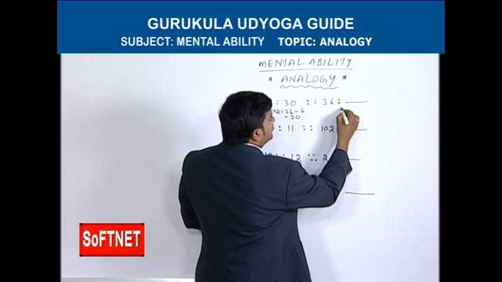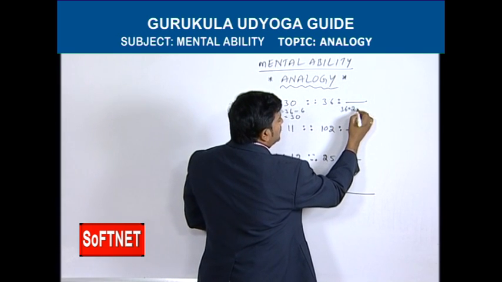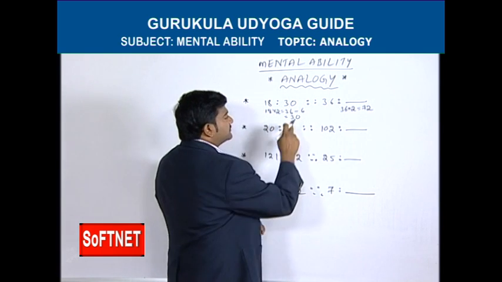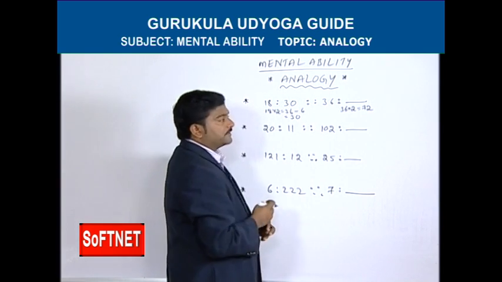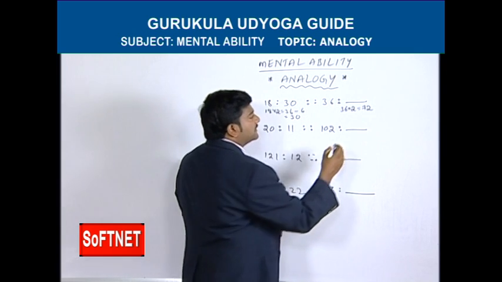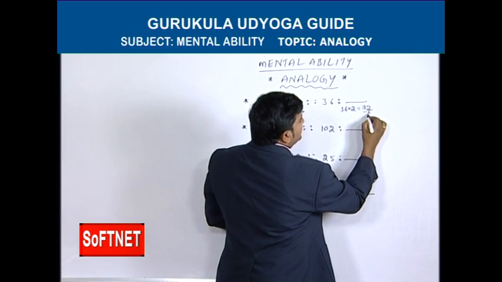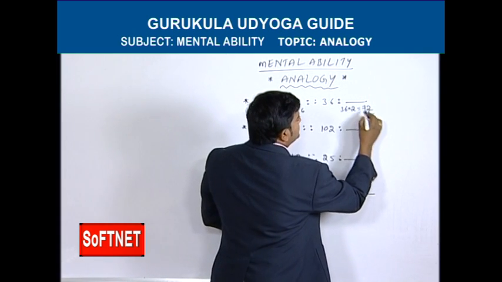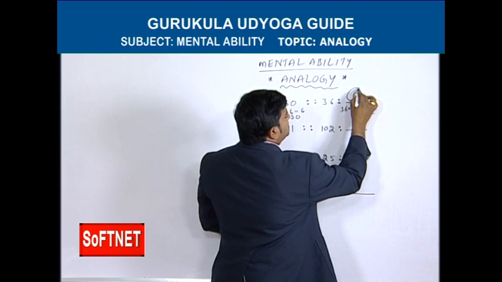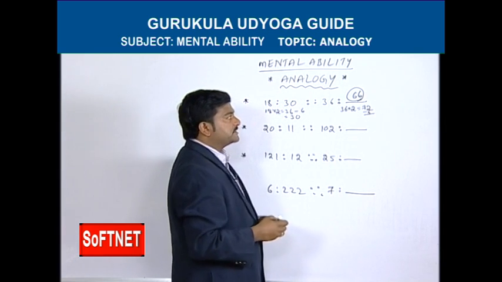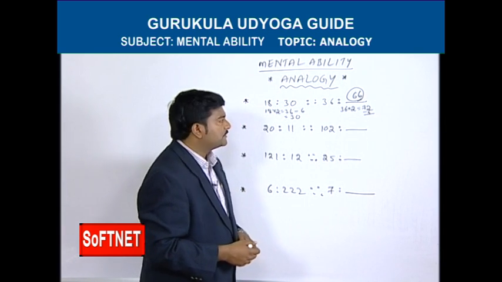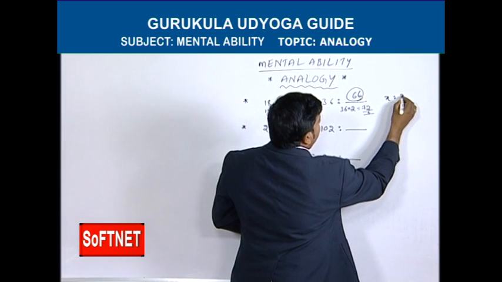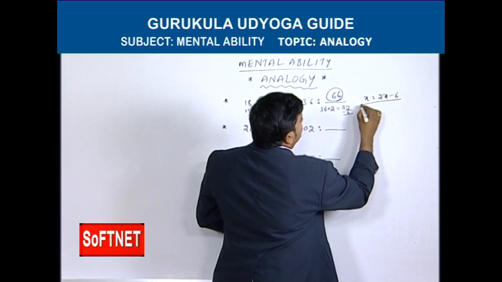So how will you do here? 36 into 2, how much do we know? 72. From 72, again how much do I need to subtract? 6. Subtracting 6 from 72, how much am I getting here? 66. Hence the answer for the given question is 66. And we can say the model is like this: x is to 2x minus 6 model.